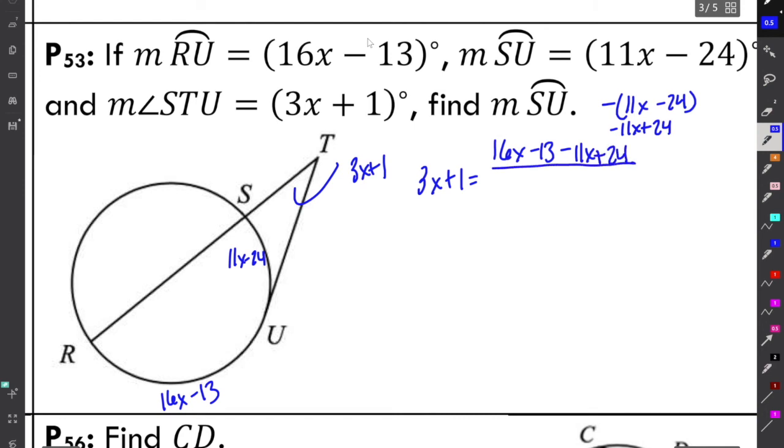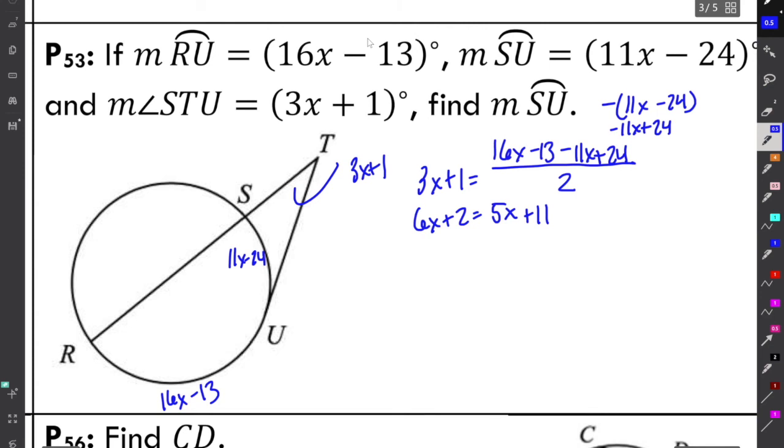That's all over 2. Okay, I can tell this isn't going to give me even numbers with my coefficient, so I'm going to multiply both sides by 2. Doing that, I get 6x plus 2 is equal to, then we simplify the top at least, 5x, since 24 minus 13 is equal to 11.